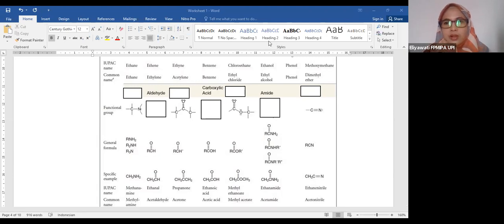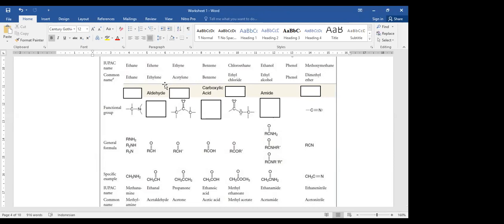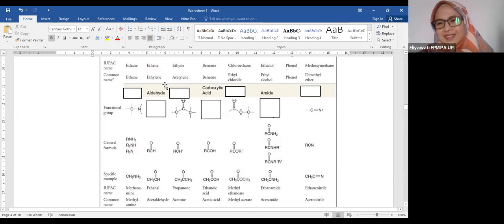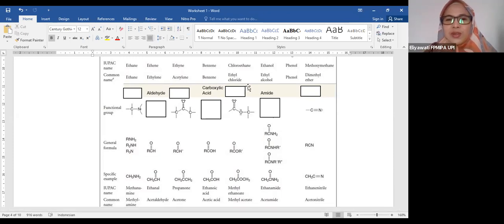For all the groups from alkene until nitrile, this is just a little introduction, and all the groups will be discussed for the whole semester.